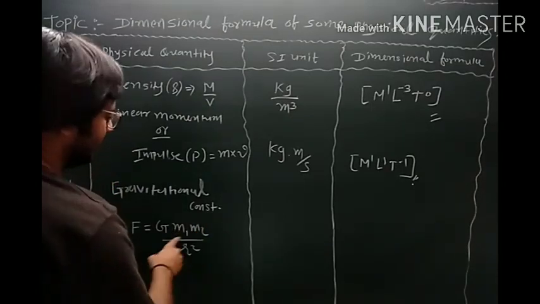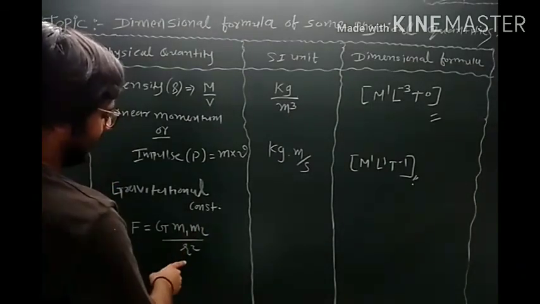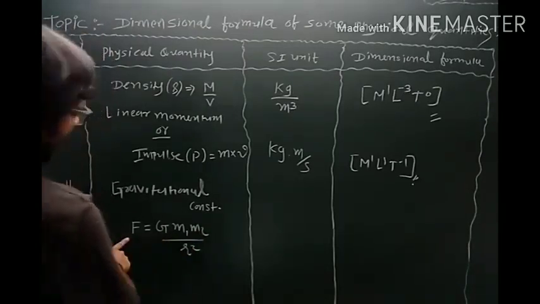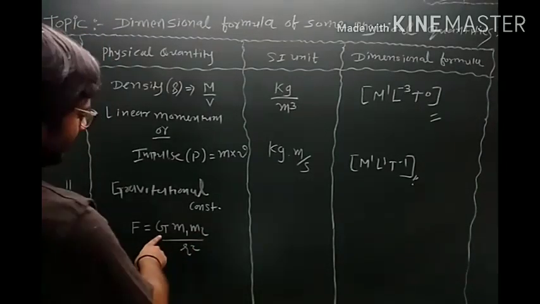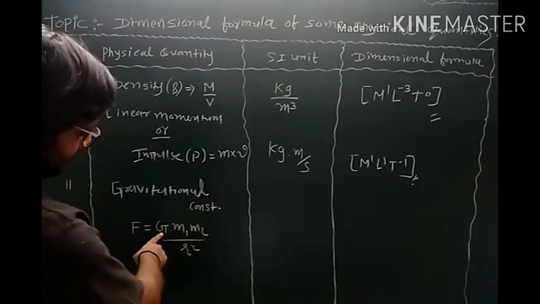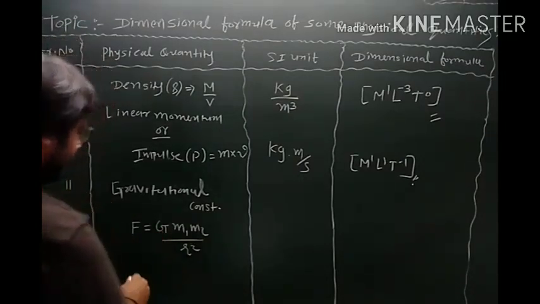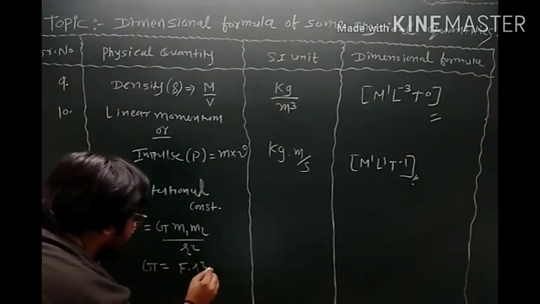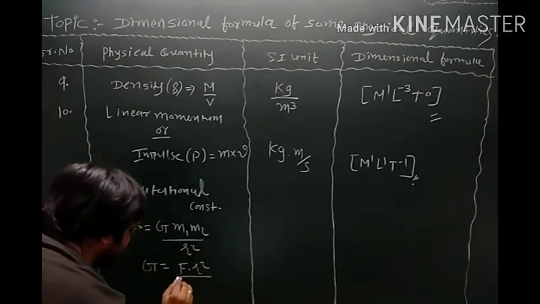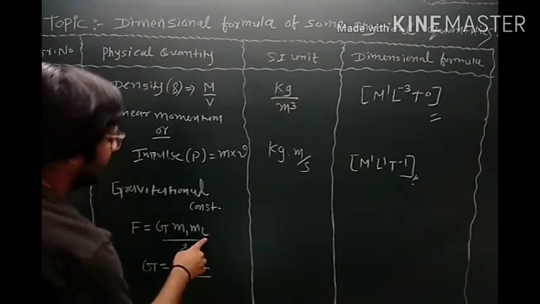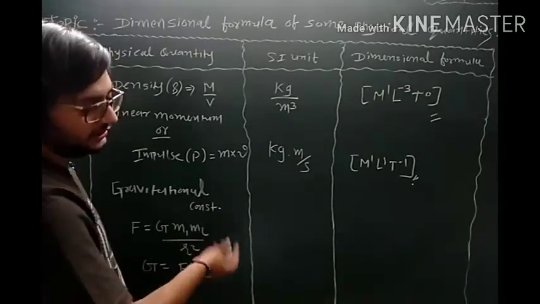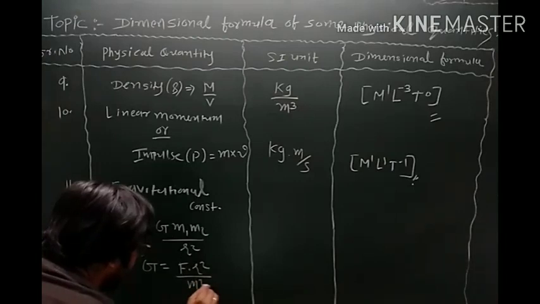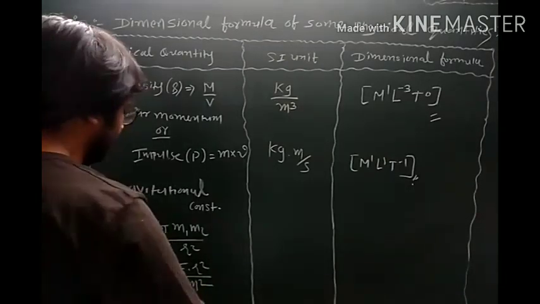Here m1 and m2 are the masses of the different objects, r is the distance between these two objects, G is the gravitational constant and F is the gravitational force. Now making G the subject, we get G is equal to F r square divided by m1 m2. Suppose the masses of the two objects are the same, so we can write m square.